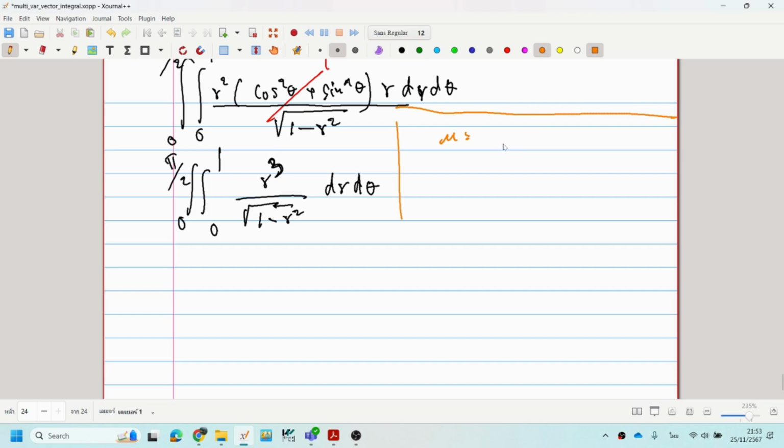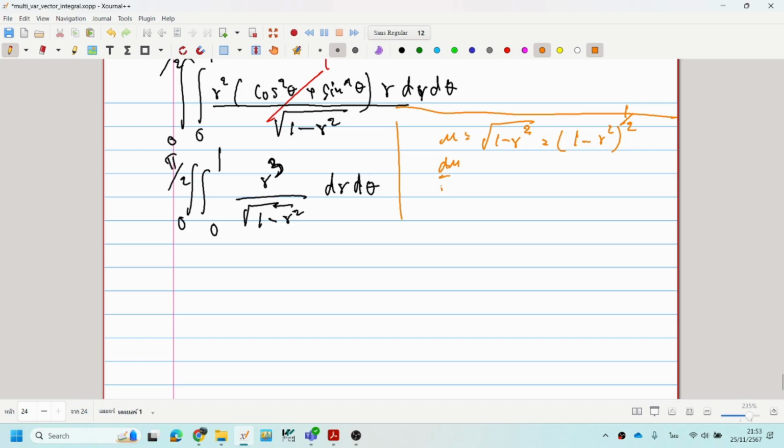I assume u is the square root of 1 minus r squared, which is 1 minus r squared to the 1 over 2 power.